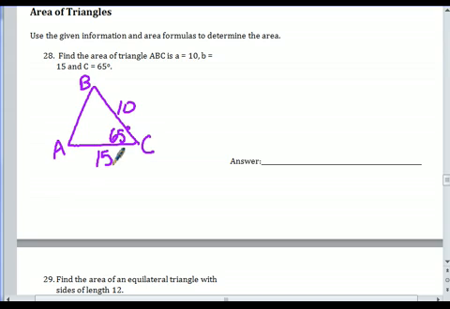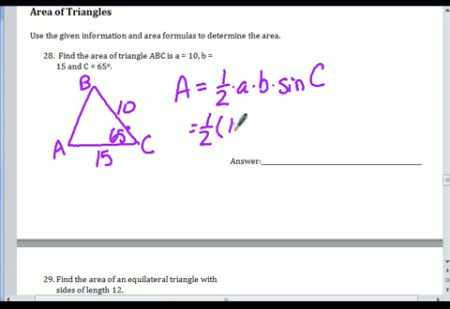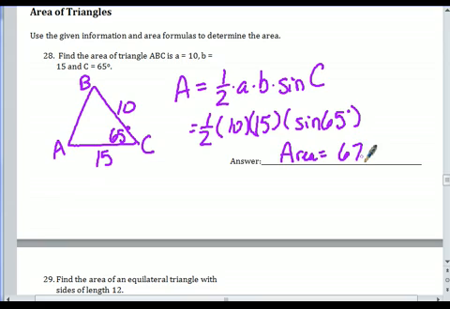If I use the one for side, angle, side, my formula is going to be 1/2 a times b times sine of angle C. That's the formula that we're going to use here. 1/2 times 10 times 15 times the sine of 65. And when you put that in your calculator, your area is equal to 67.973.